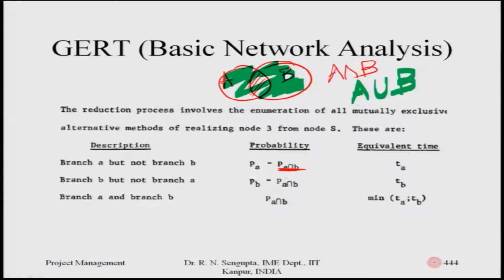If you come to the next one, branch B, but not branch A is taken, it would again be subtracted from the concept that branch B is taken and not the intersection of A and B. So, in the initial case it was P A minus P A intersection B, and in this case it was P B minus P A intersection B. Now, if I want to extend that, like there are branches A, B, C, the intersection concept and the minus concept would just be extended in a similar manner.